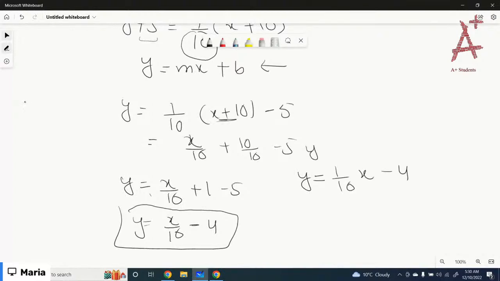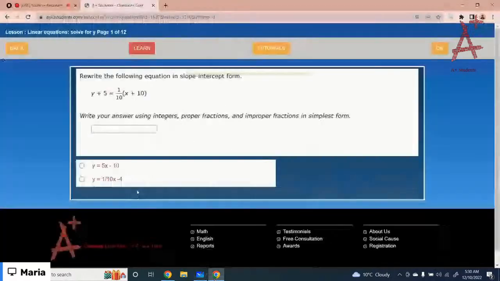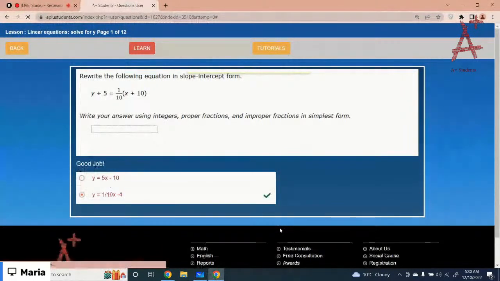You can compare it to the equation y equals mx plus b. Here m is 1 over 10 and b is negative 4. Got it? So the equation is y equals 1 over 10x minus 4. If you have any question, please write the question in the chat box. I'll answer all your questions if you have any.